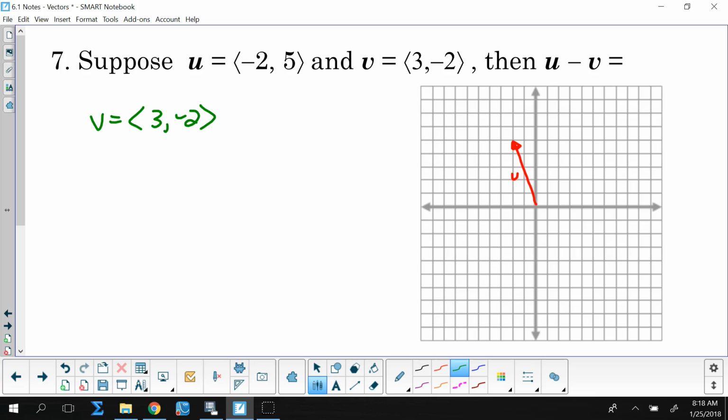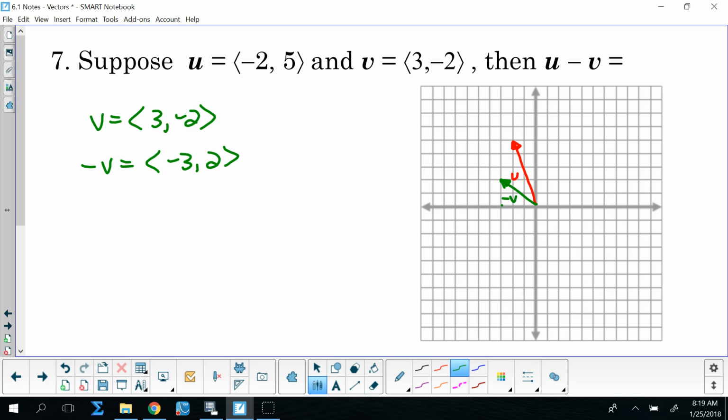So instead of putting V on the graph, what would I really want to put on the graph? Opposite of V, right? Right there is negative V.